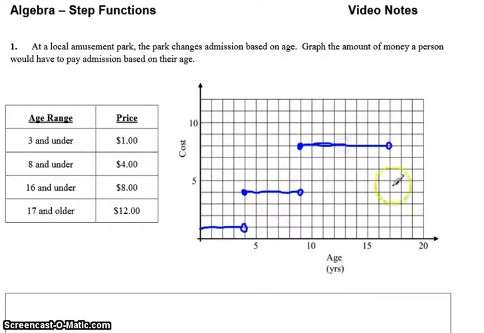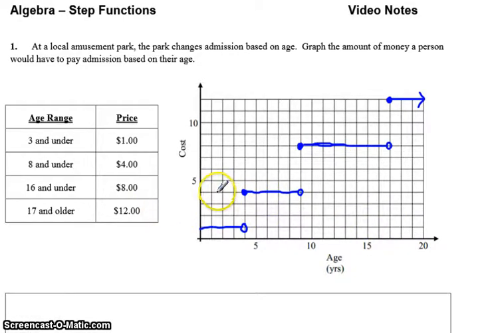You should use a straight edge, but doing my best here. And then 17 and older, you pay $12. So at age 17, you pay 12. Do a closed circle there, and we are going to go forward, and I'm going to go like this.